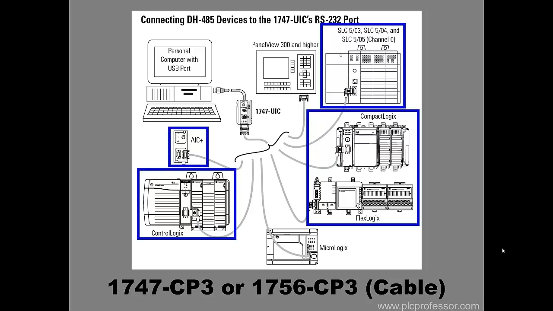This is the standard serial cable that you use to go from the RS-232 port on your computer to the RS-232 port on SLC 500, CompactLogix, ControlLogix, FlexLogix, or an AIC Plus module. The other end of it can plug right into your personal computer, or if your personal computer does not have an RS-232, or that port is busy with something else, you can use the USB adapter, the 1747 UIC, which we just went over.